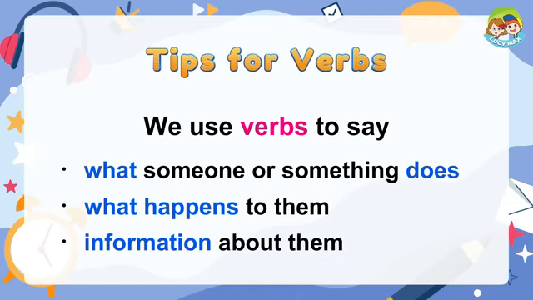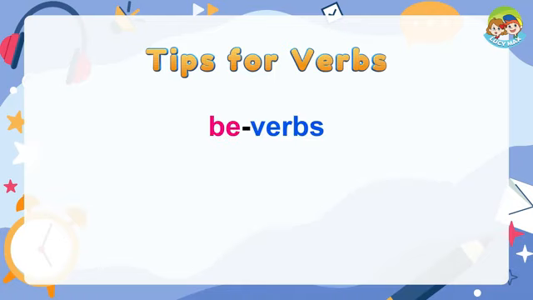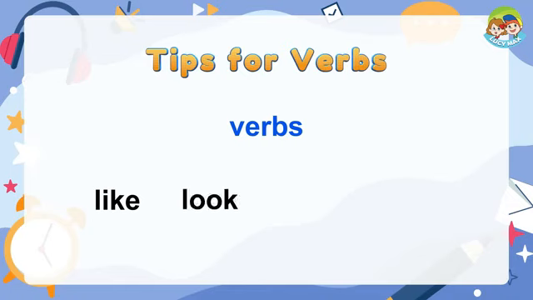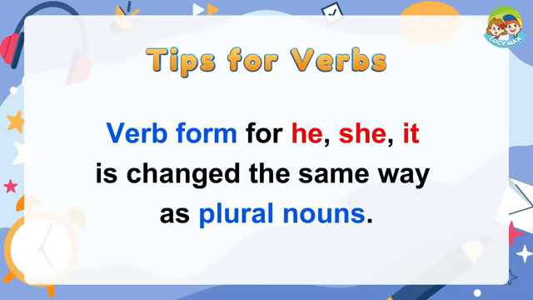The be verbs are be, am, are, is. Some verbs are like, look, stop, study, and there are many more. Verb form for he, she, it is changed the same way as plural nouns.